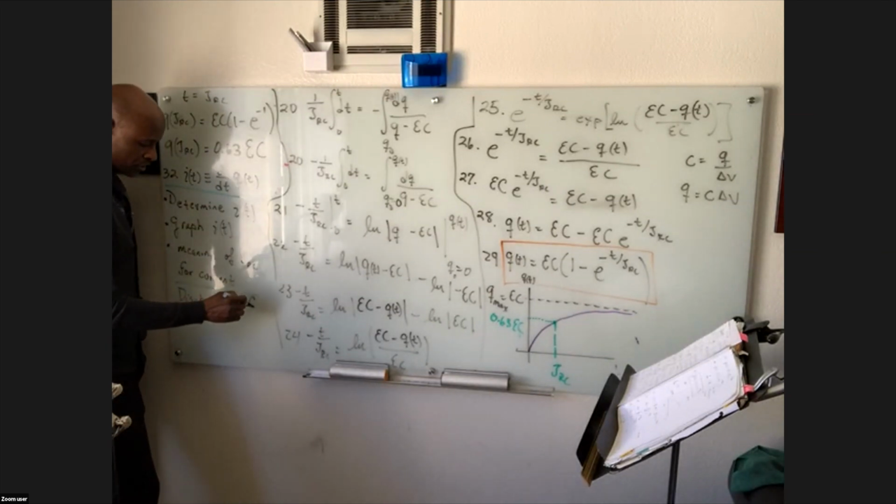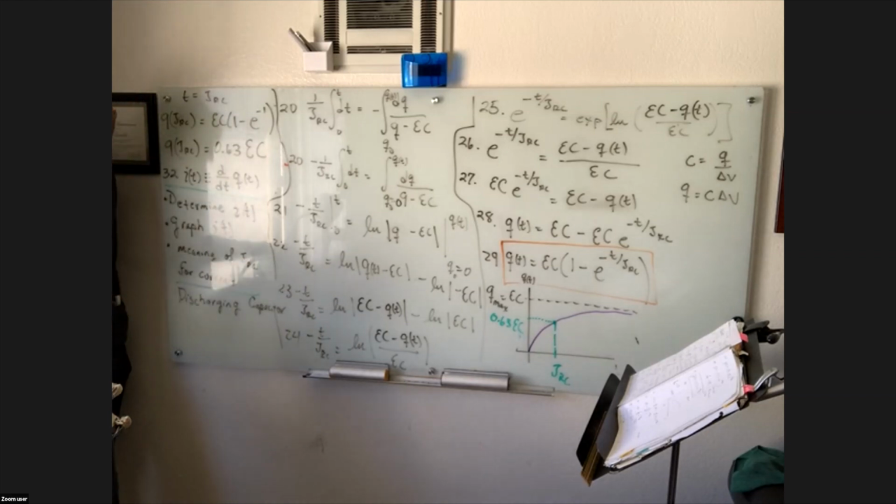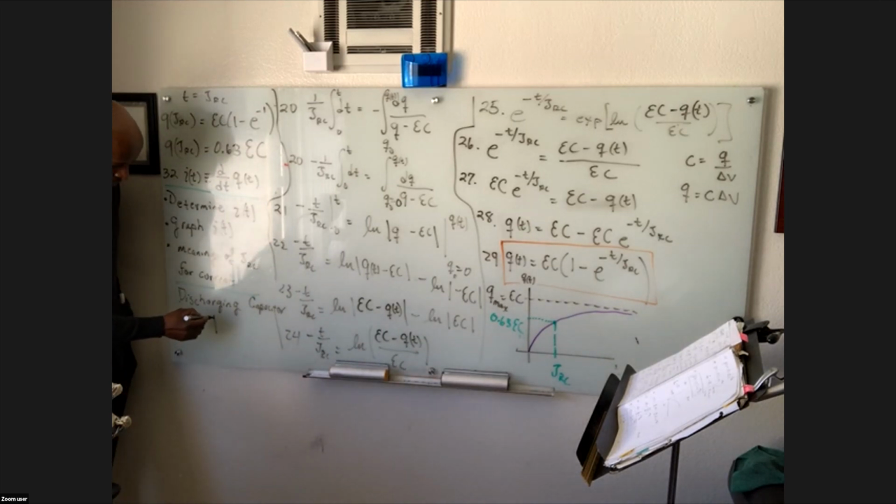But for a discharging capacitor, the circuit would look like basically just a charged capacitor and a resistor in a closed circuit.